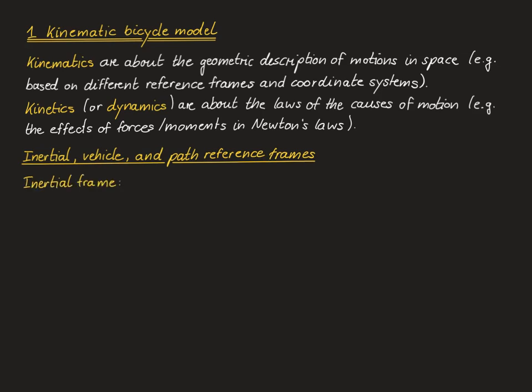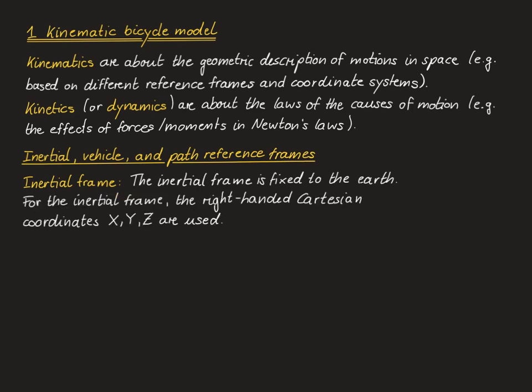From basic dynamics, we're all familiar with inertial reference frames, as those reference frames where Newton's laws apply, subject to the gravitational vector g. So in vehicle dynamics, the inertial frame is fixed to the Earth, and we choose the coordinates capital X, Y, and Z as the coordinates for the inertial frame.